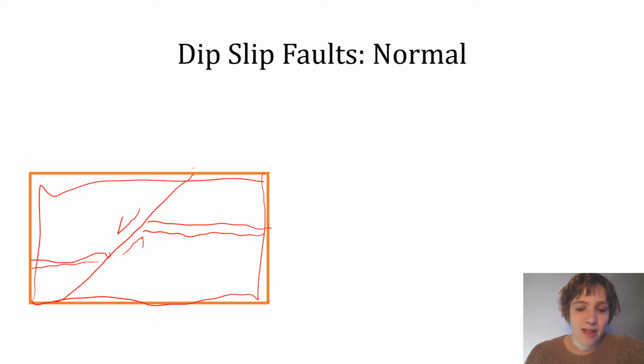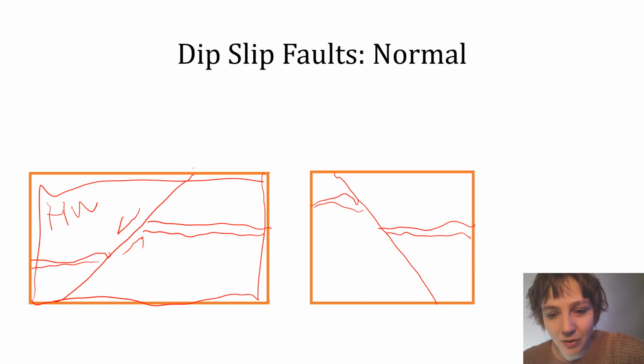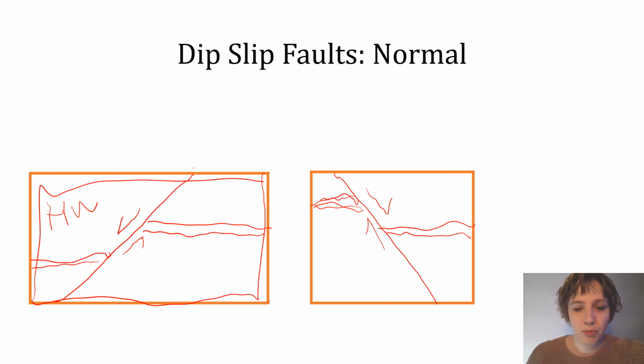Now, what makes this a normal fault is because this top block, this hanging wall, moved down, right? So I could easily draw another fault in a different orientation, and there's my bed that's going to go all the way through. These should really be straighter lines than I've drawn, but that's okay. In both instances, the block on the top has moved down, and so this is a normal fault.